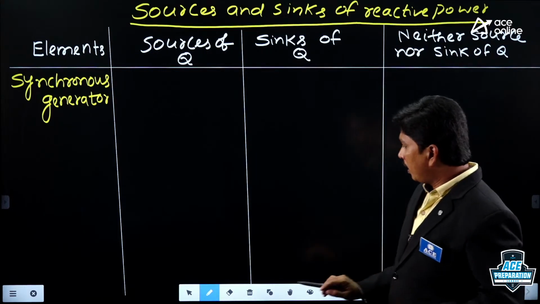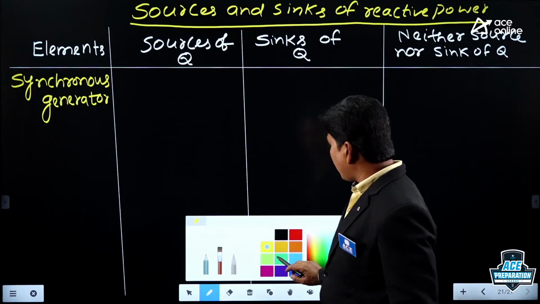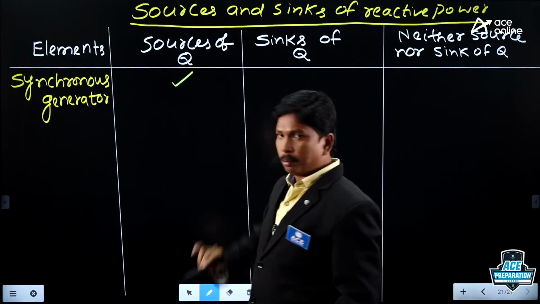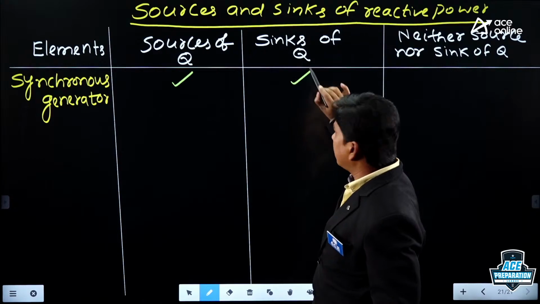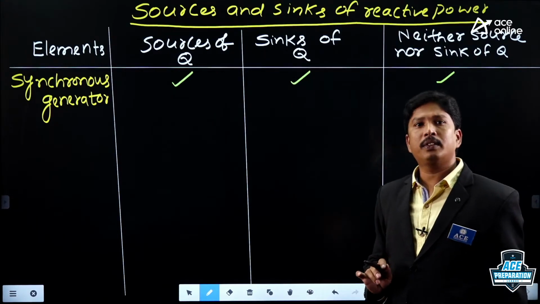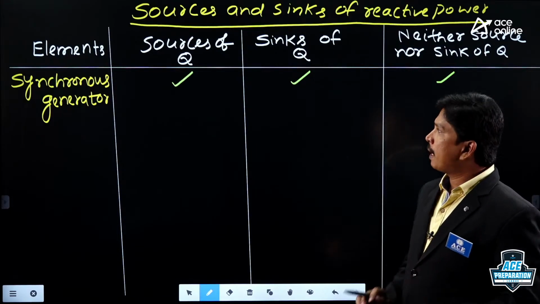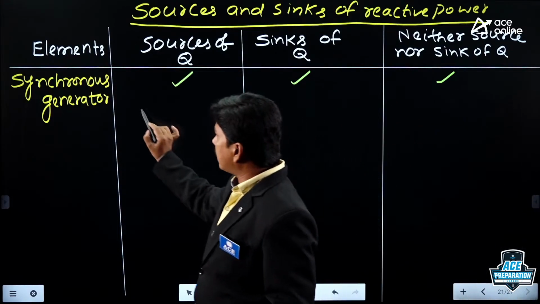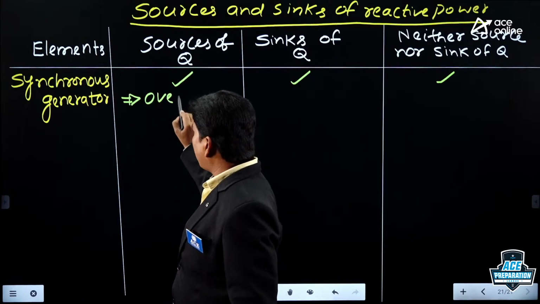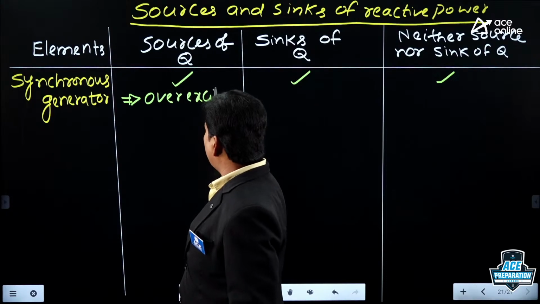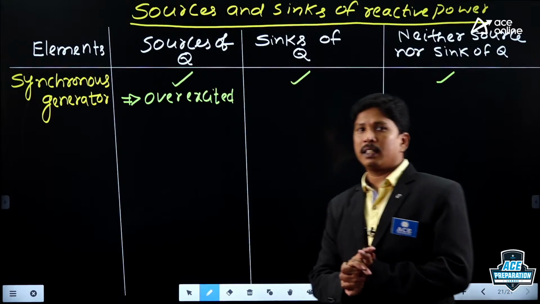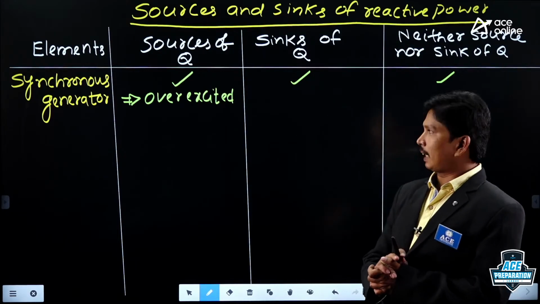Clear? Therefore, we can say the synchronous generator is a source of reactive power, or it may be a sink of reactive power, or it is neither source nor sink of reactive power also. Which means that whenever the synchronous generator is overexcited, it is going to deliver some positive value of reactive power.